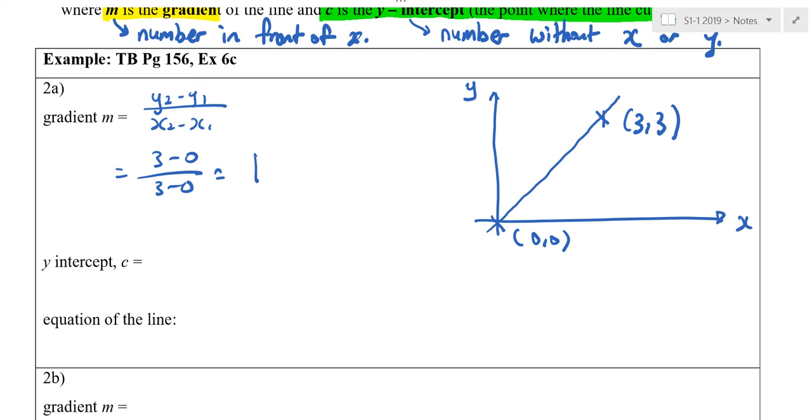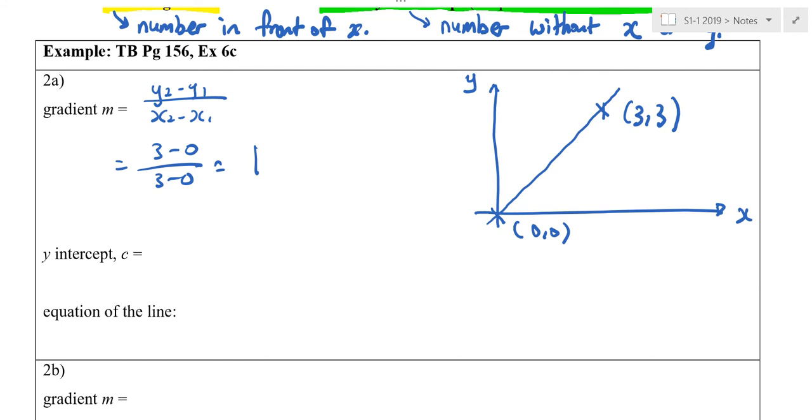Right? Who is very brave to make a guess what is a y-intercept? What does y-intercept mean? Y-intercept means we must cut the y-axis.